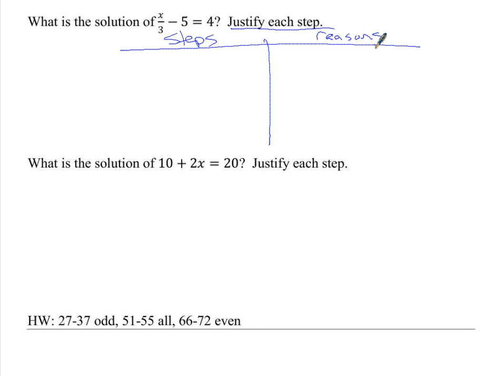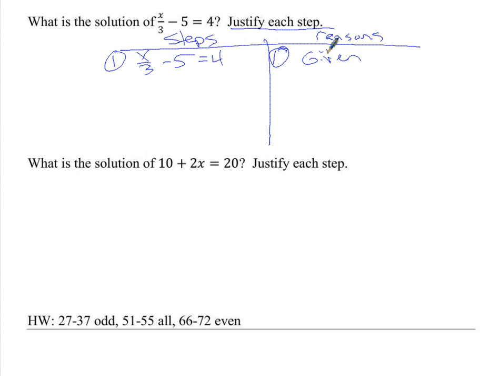Okay, what is my first step going to be? Write down what they gave you. So step 1, x over 3 minus 5 equals 4. And what is my reason there? It's given. So step 1, given. All right. Now we're just basically solving the equation, but we just have to write down every step along the way.